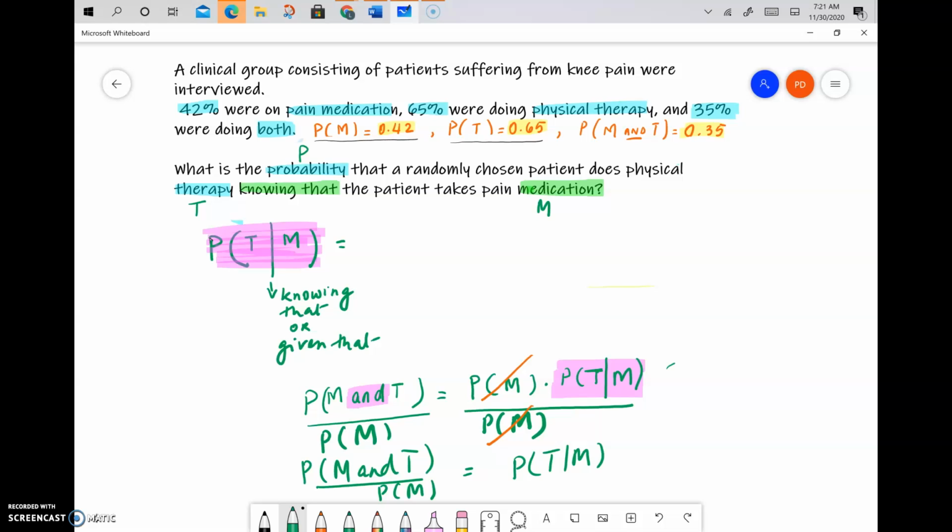And I was just trying to show you where this formula comes from, but you don't really need to do all this work if you can remember this.